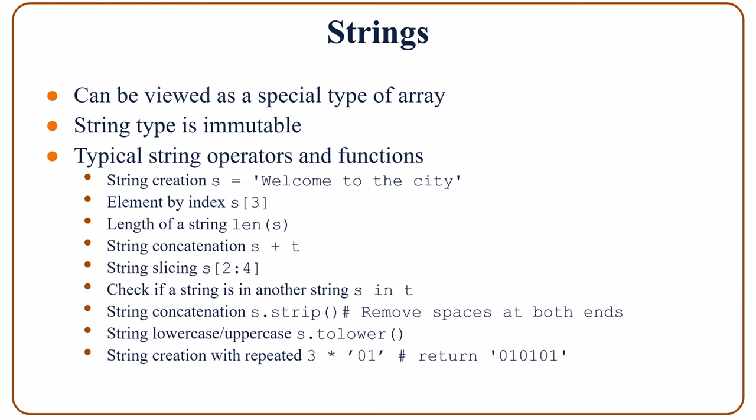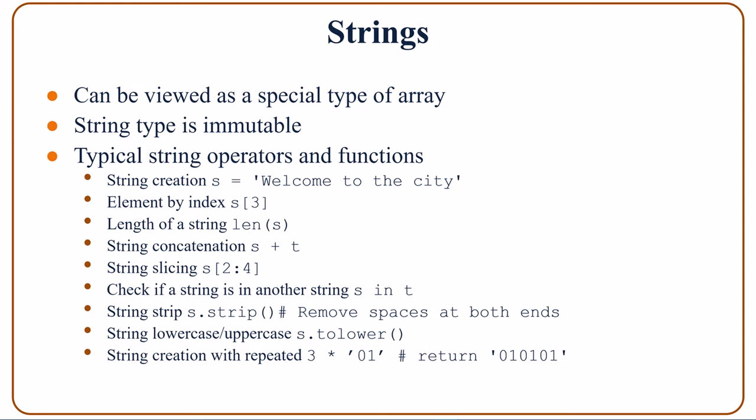If you want to check if a string is in another string, then you use the in operator. So s in t would say true or false, depending on whether s is a substring in t or not. If you want to remove space at both ends of a string, then you use the strip method.